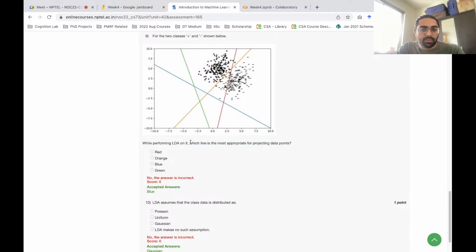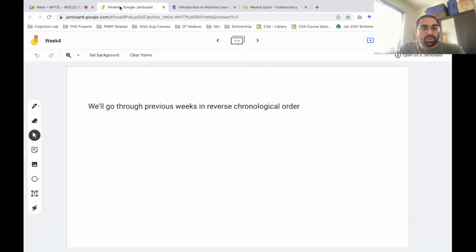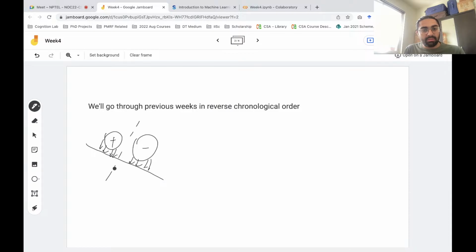The question is which line is the most appropriate for projecting the data points. In LDA, let's say I have some points here and some points here, the plus and the negative class. What you ideally do is project them onto some line and then have a threshold to separate these two classes of data.